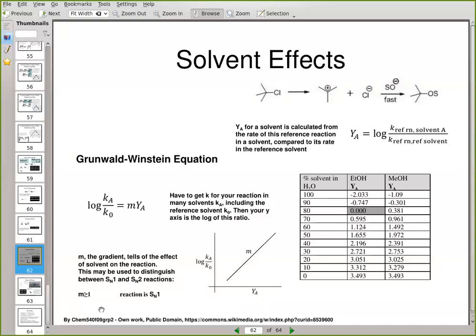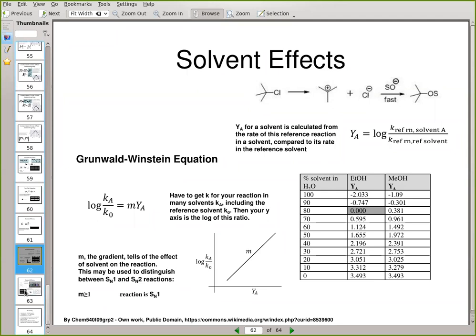So that is one way that people are able to deal with solvent effects and explore how solvents affect reactions. The upside is that we know a lot about SN1 and SN2 reactions and how they're affected by polar solvents, so we can use that to determine whether the reaction mechanism is SN1 or SN2.